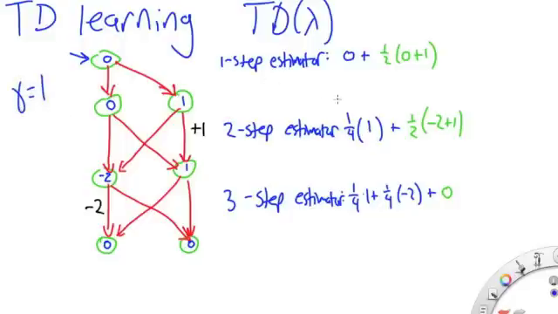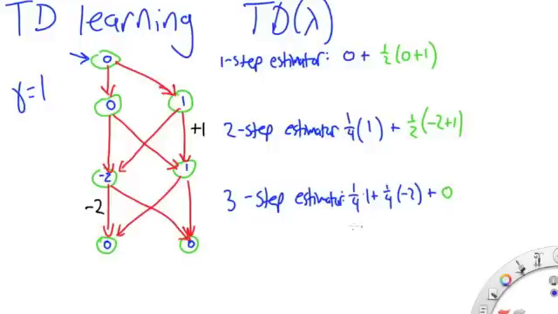We're not discounting. Then the bootstrapping after that is there's equal probability of ending up in either of these 2 states after 2 steps. And so the average of these 2 is going to be the bootstrap value, which stands in for the value of the rest of the run. In this case, the only other estimator that we can consider is a 3-step estimator that uses 1, 2, 3 steps of real reward, and then it actually reaches the very bottom, and so we don't really need to estimate anything after that.